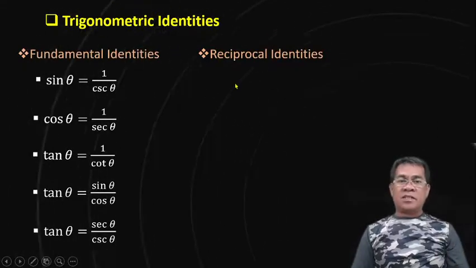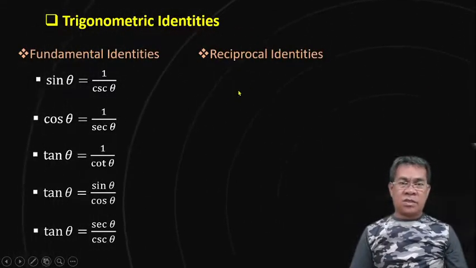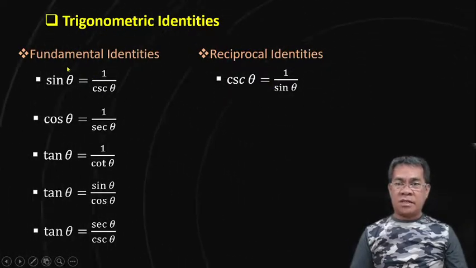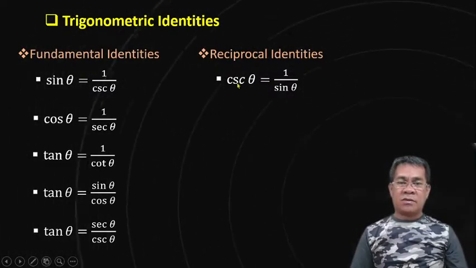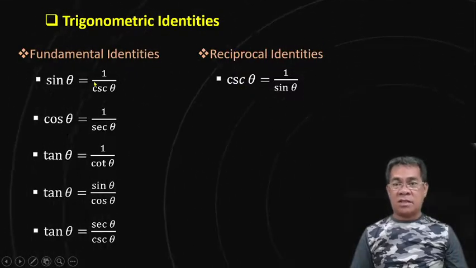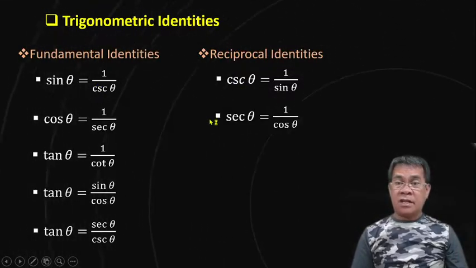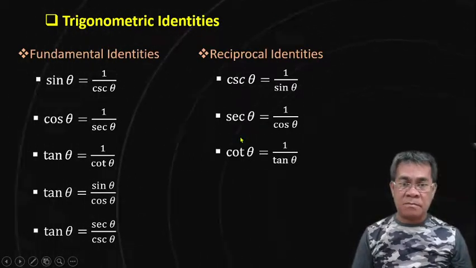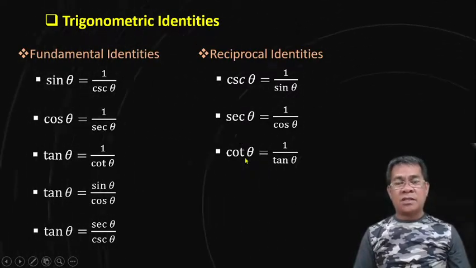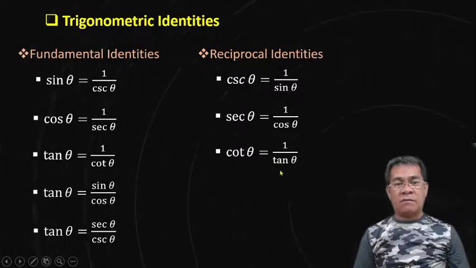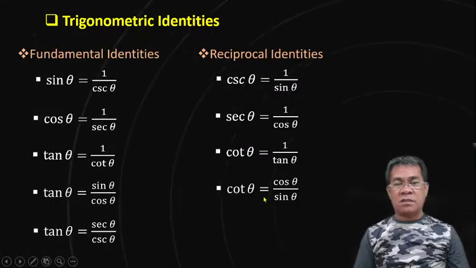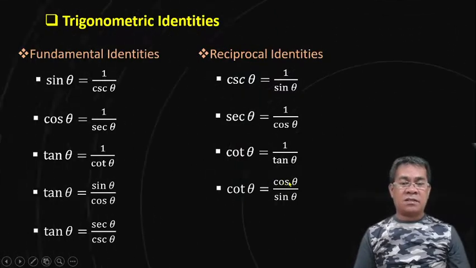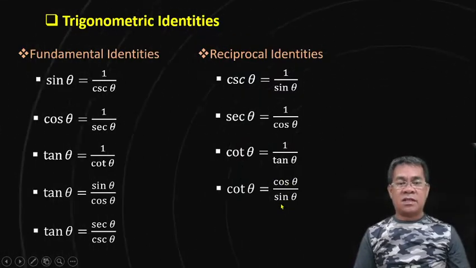So there are also reciprocal identities, which means that if you take the reciprocal of sine, the answer is automatically cosecant of the angle theta. Similarly, the reciprocal of cosine is just equal to the secant of the angle theta, while the cotangent theta is the reciprocal of tangent. Also, the cotangent can be replaced by cosine theta over sine theta.